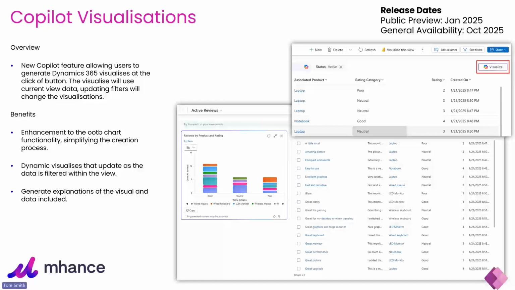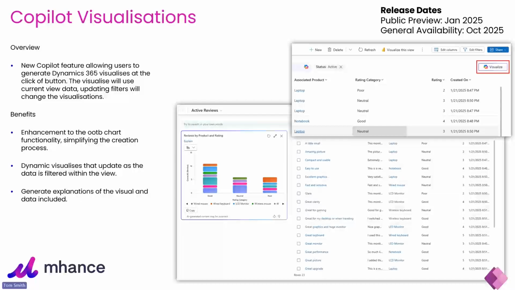Another thing that we get as part of this is generate explanations. So the visual that does get generated, there is an option to explain this as well. So if you want to copy that out and get some PDFs of the information with an explanation, there's an ability for that as well.